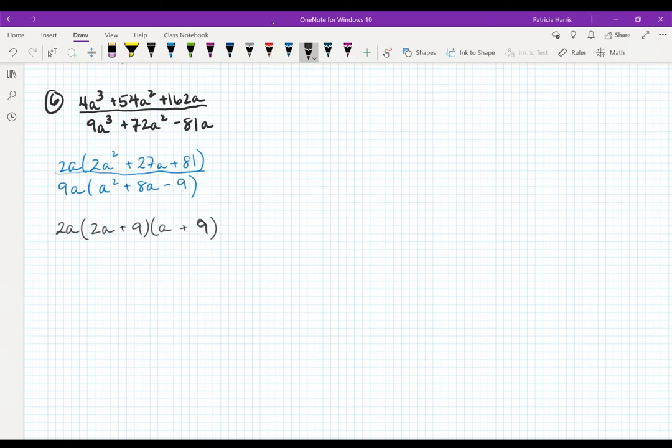Let's do a quick check. 2 times a times 9, that's 18a, plus a 9a, that's 27a. That works. And then 9a. And now this bottom is a little bit easier to factor because I can think of two numbers that multiply to -9 and add to give me 8.